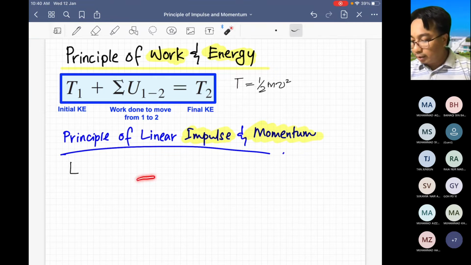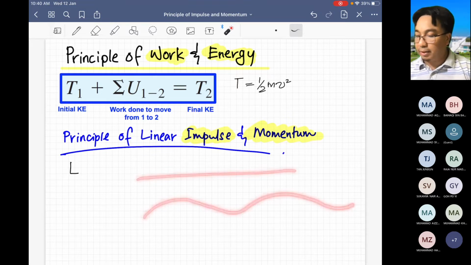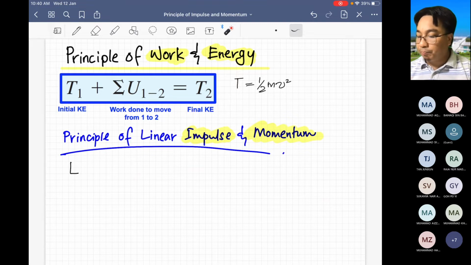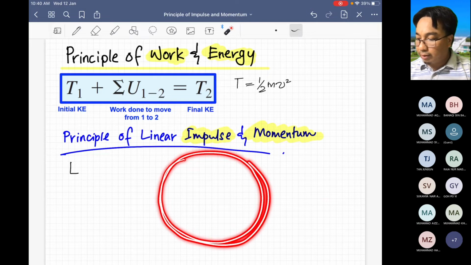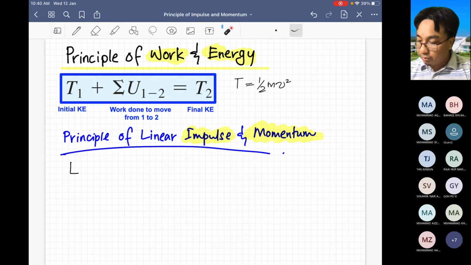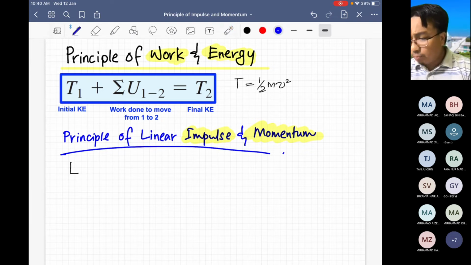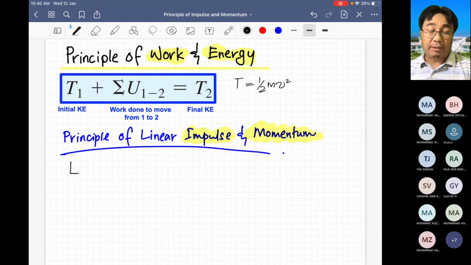So linear is moving straight like this, or you can have motion like this. That is linear. But angular is rotating around a center point. Let's say this is the center point, so the motion is rotating around that center point. That is angular. So now we are talking about linear impulse and momentum. Please be clear about that, because the angular momentum we will cover later in this chapter.